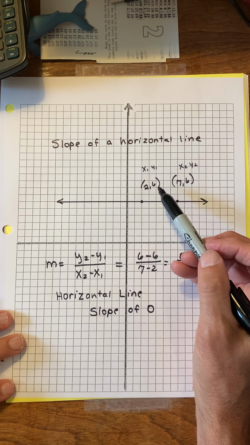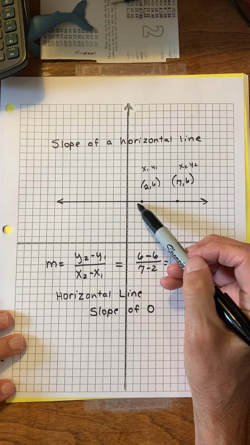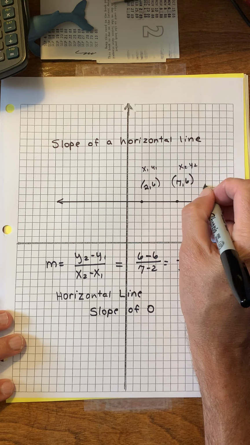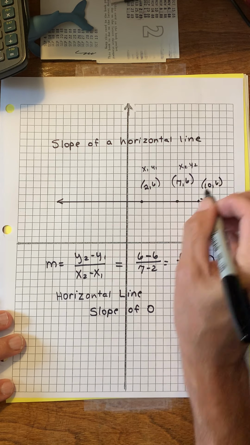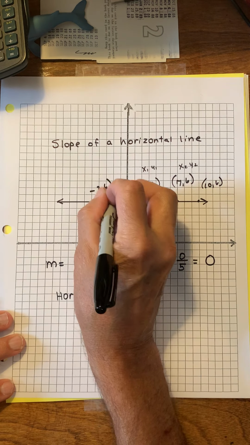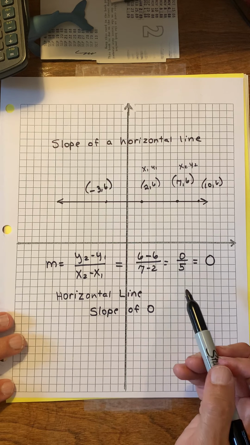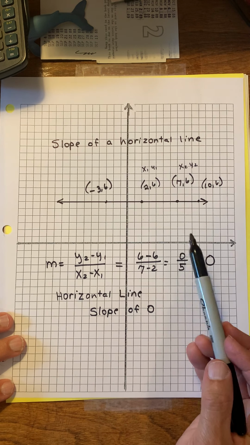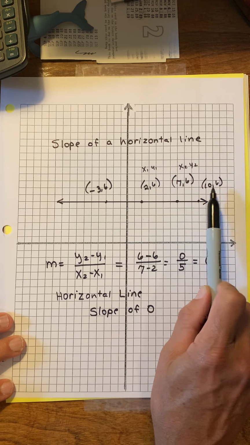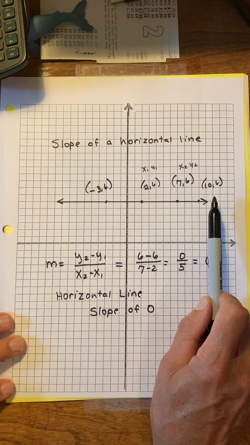Check this guy out. Look at these points. 2, 6, 7, 6, 10, 6, negative 3, 6. This is where I remind myself of the equation of a horizontal line. Every single point on this line has a y that is 6.